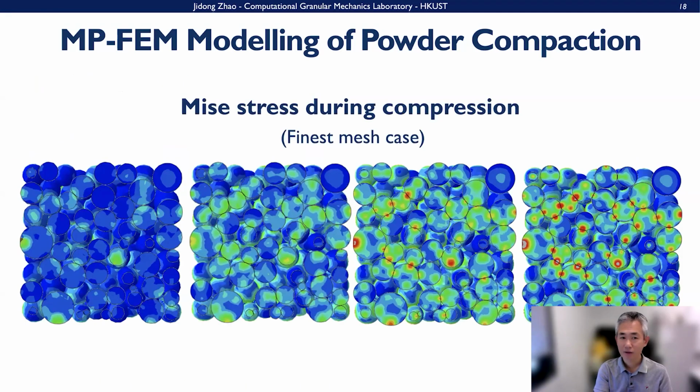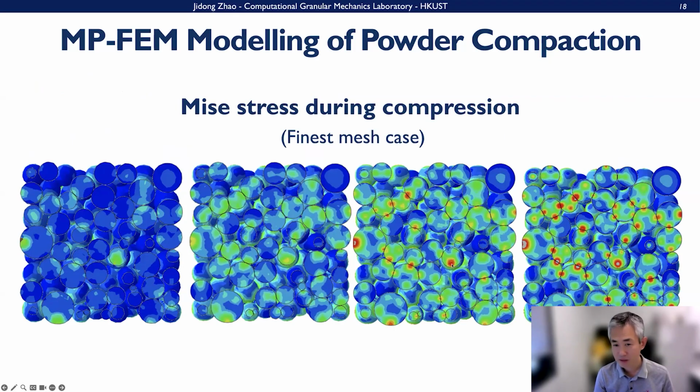And then these are the finest mesh cases when we do isotropic compression, and the sequential deformation develops. At the beginning, only certain particles are deformed here, and then there will be more deformation in more particles.